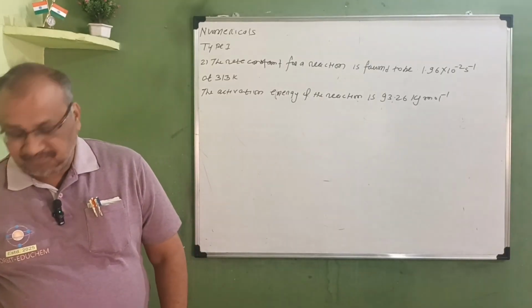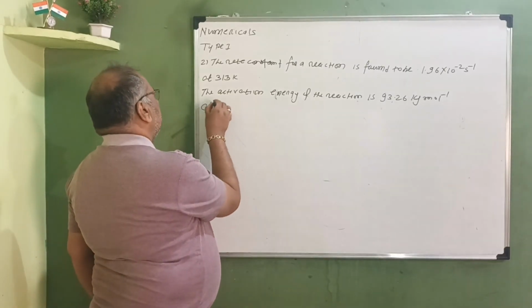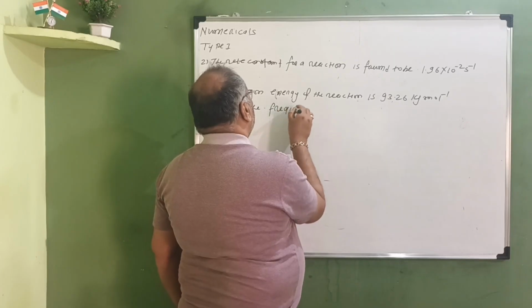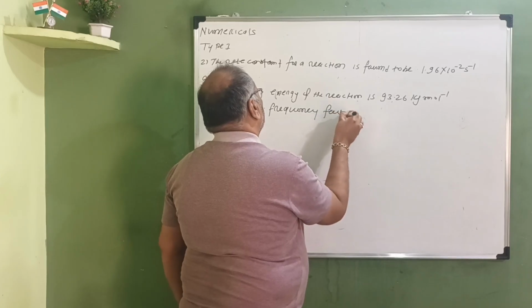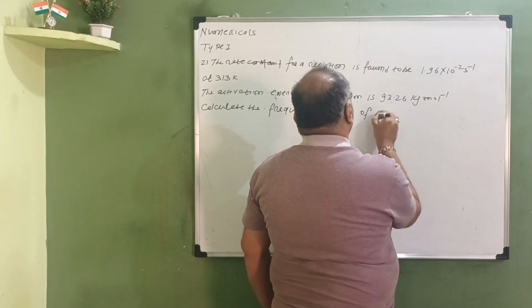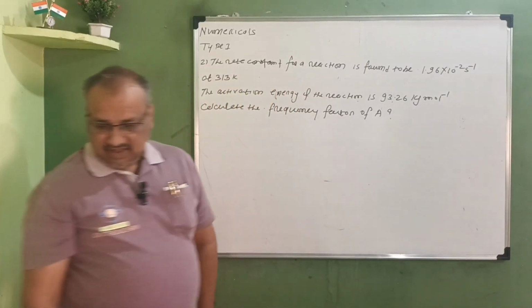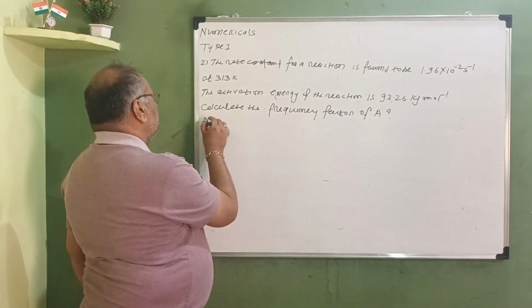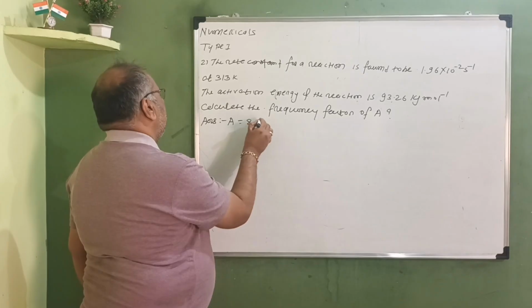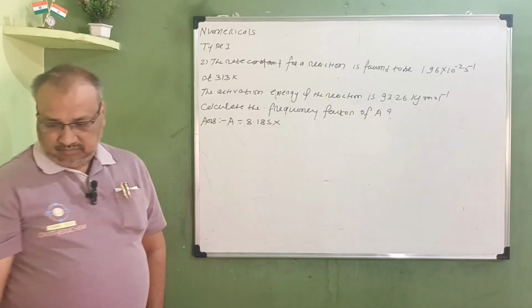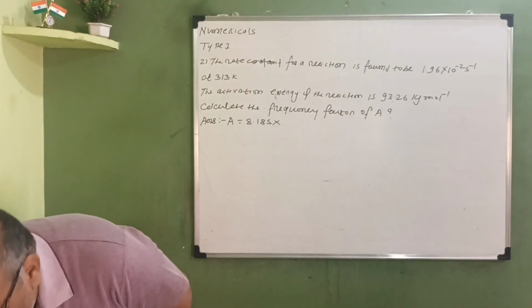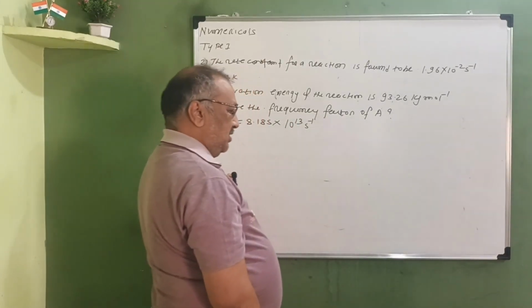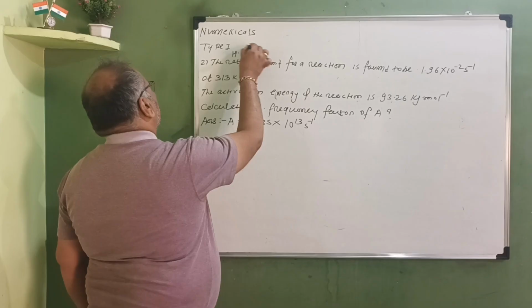Here calculate the frequency factor of A. Here answer is A equal to 8.185 into 10 to the power 13 second inverse. This is for homework.